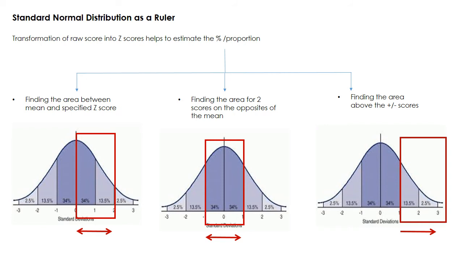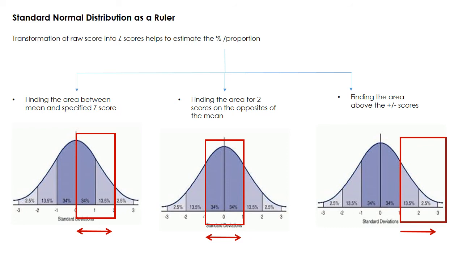Firstly, when you want to find the area between the mean and a specified z-score. The red box is trying to say from the mean to the particular z-score. We can find this area, and it can be converted into percentages. The next scenario is finding the area of the scores opposite of the mean, where there is a score below the mean and above the mean. This is the shaded area within the red box.